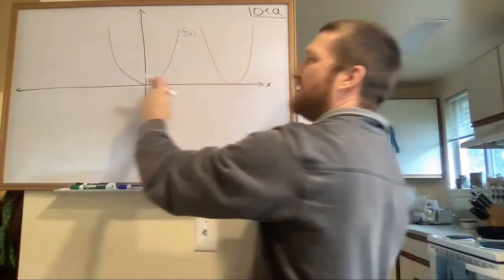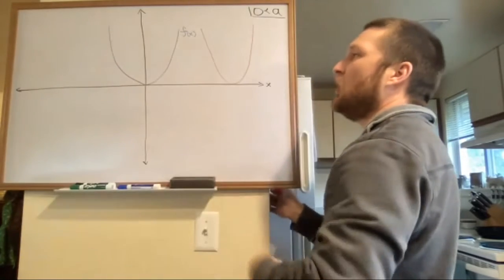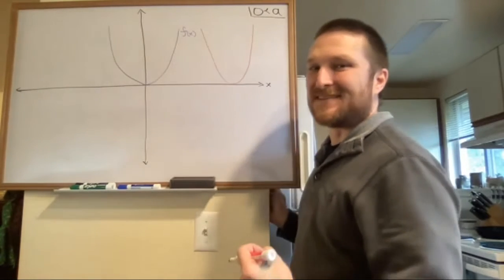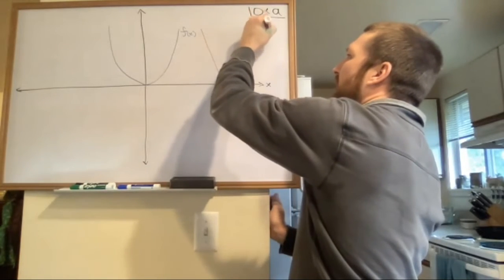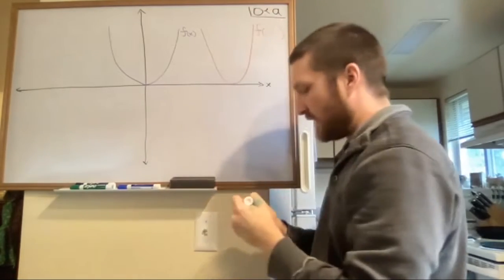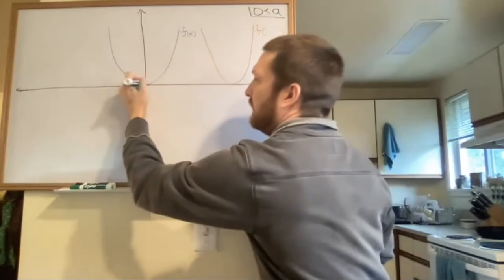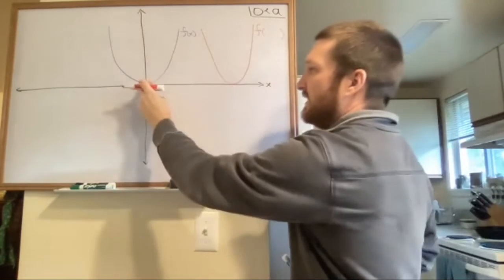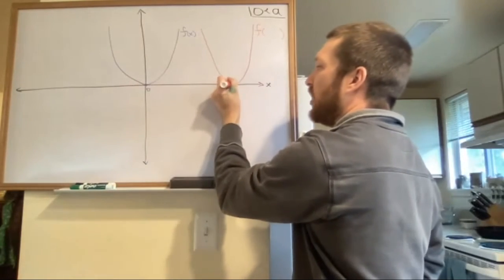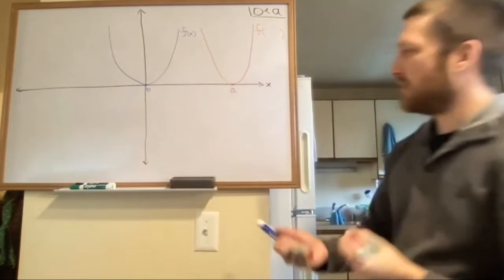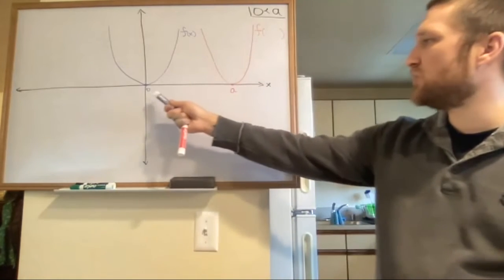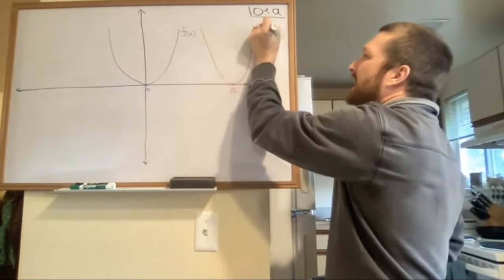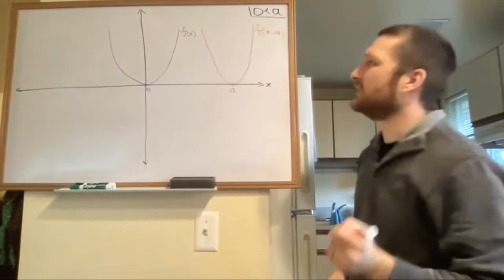To modify the input axis, we mess with the inputs. But the inputs are backwards. This, of course, is 0. And this distance right here, we're going to call A. If we shift it to the right by A units, you could do that by taking x minus A.